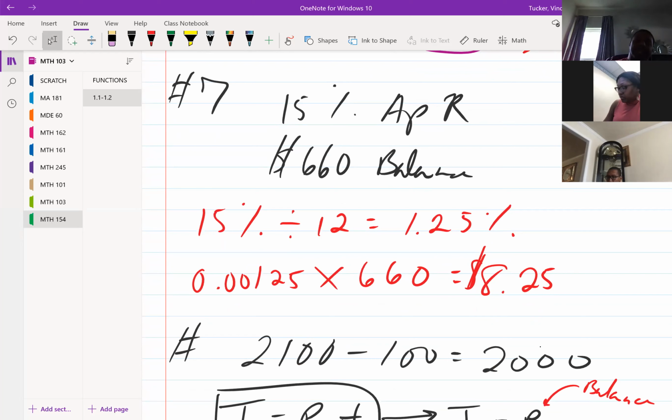Then multiply it times the 660, which was the balance. Don't forget once again to move your decimal to the left twice. All right, and that will be your answer.